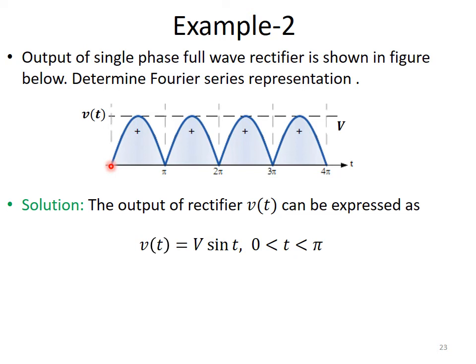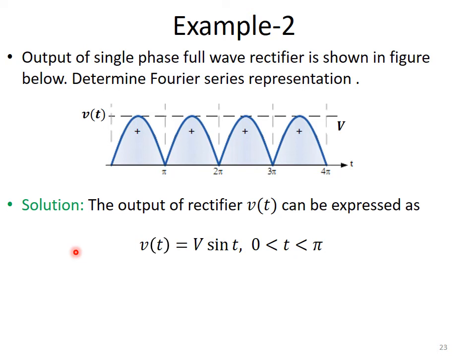So it has a fundamental period from 0 to pi, and the equation of this waveform can be written in this form: V of t equal to V sin t, where t is between 0 to pi, right? So let us find out the Fourier series representation and then draw the spectrum and see what frequency harmonics are actually present.